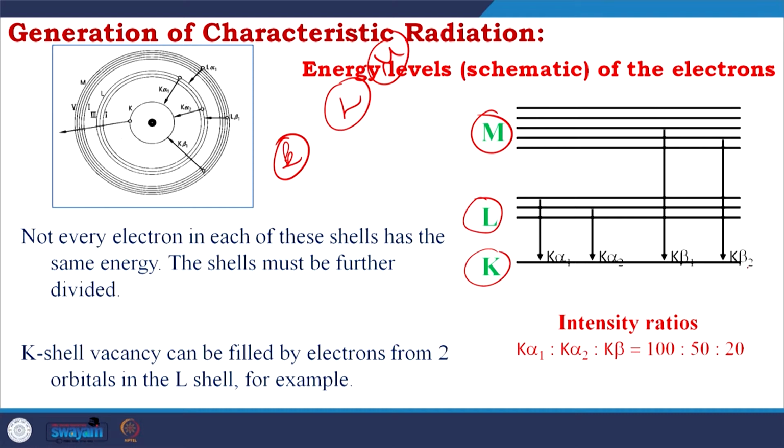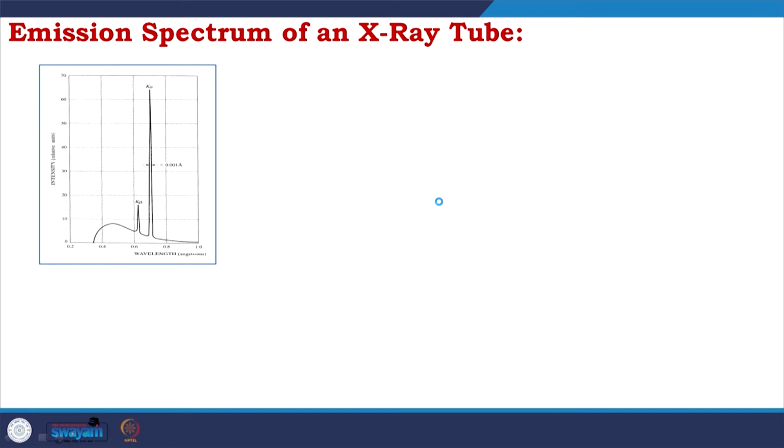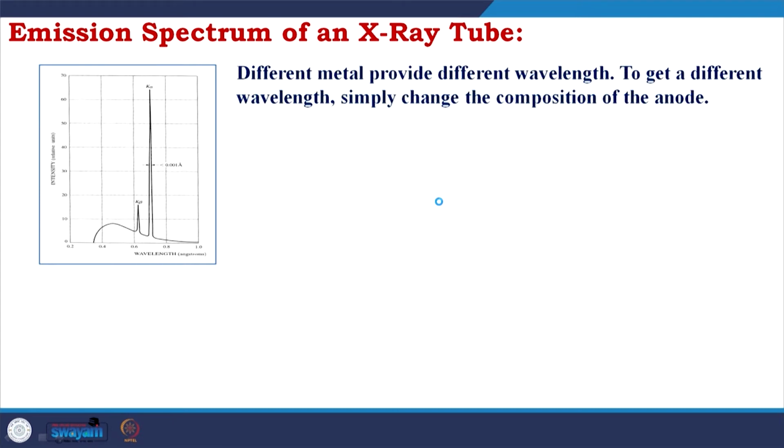The intensity ratios of alpha 1, alpha 2 and beta is 100 to 50 to 20. So, this one is the most efficient. Here you see this is K alpha and this is K beta.